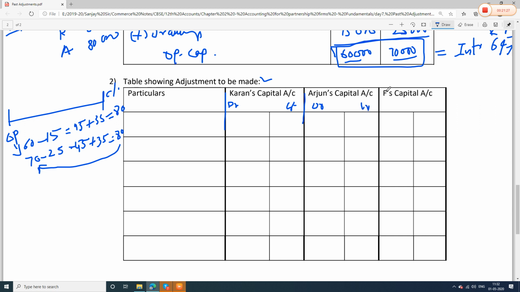And this is the firm's account, this will be debit and this will be credit side. So in one table we have made capital accounts of Karan, Arjun and the firm's account. Here only we will show the effects. I have told you, we have studied partners' capital account.